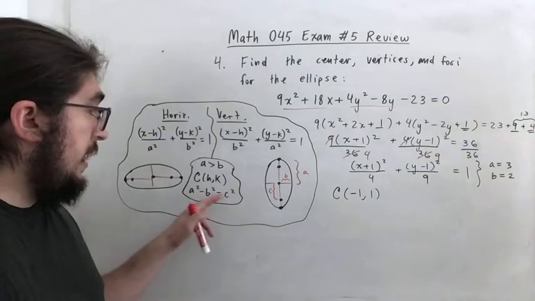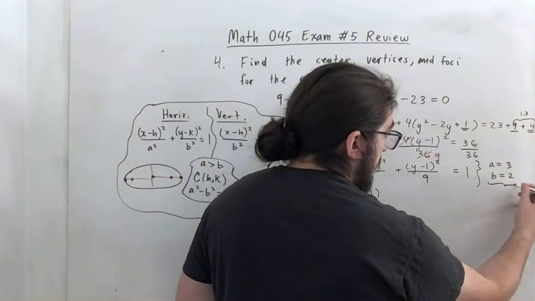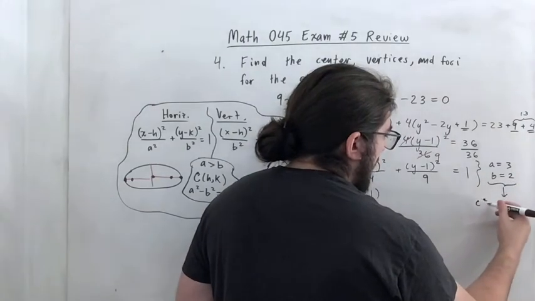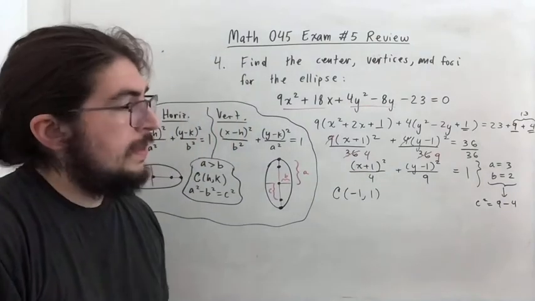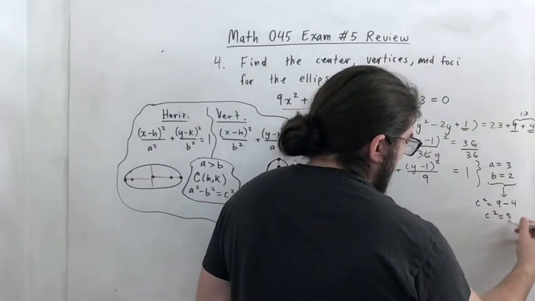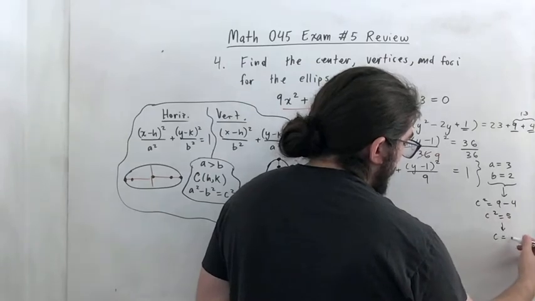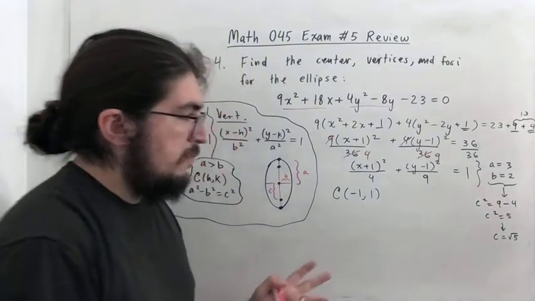Well, remember, c squared is a squared minus b squared. So from this, we can tell that c squared is equal to 9 minus 4. It's a squared minus b squared. Okay. That's 5. So c squared is 5. So that means c is the square root of 5. Okay, so we have a, we have b, we have c.